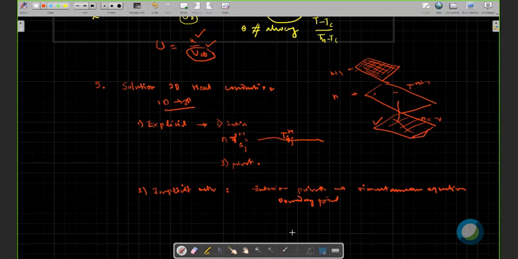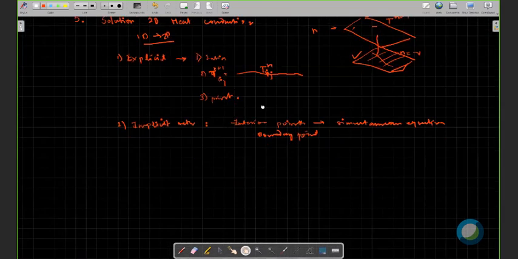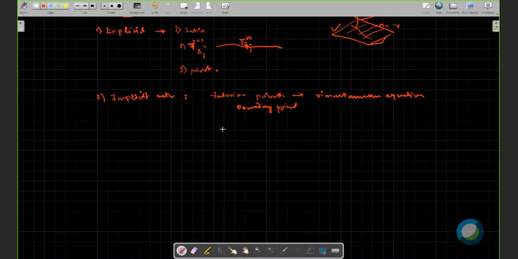These equations for interior points and boundary points can be expressed in the Ax equals B format. We know this is a matrix, and we know how to solve Ax equals B. We have seen what properties of this matrix should be satisfied so that we can find X. To find X, we have to take the inverse of A, so this matrix should be invertible.